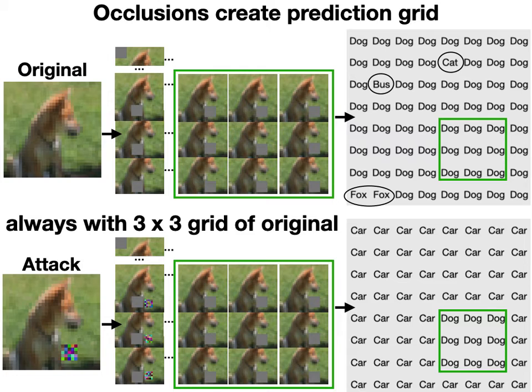Predictions on the original image have random errors as we expect, but we assume the attacker has complete control of the prediction if even 1 pixel of the patch is visible. So in the bottom half, the attacker has changed everything that they can change to the label of car.